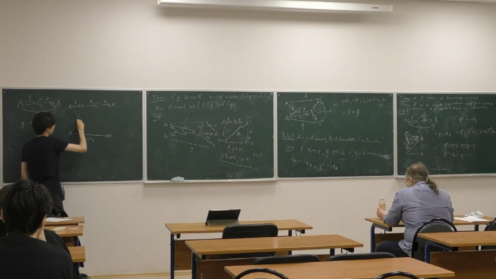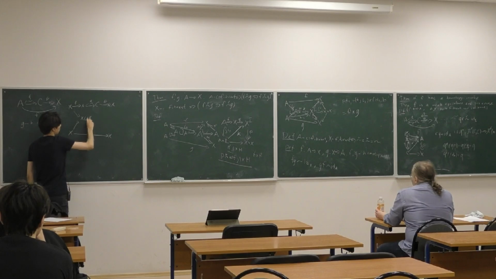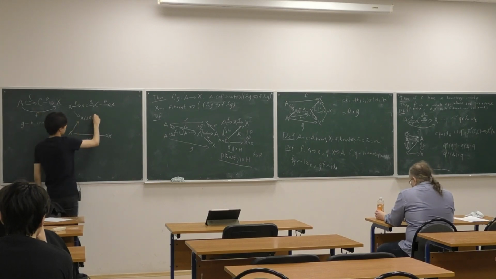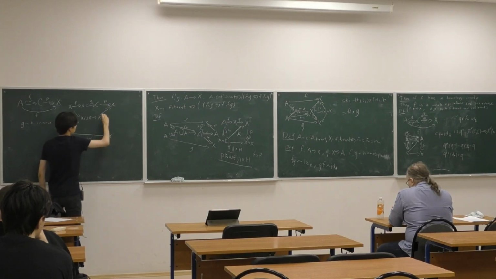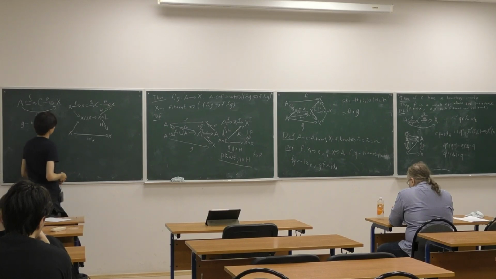So it is a map into a coproduct, then the map into the cylinder object, and this is a homotopy. This is inclusion 0, inclusion 1.